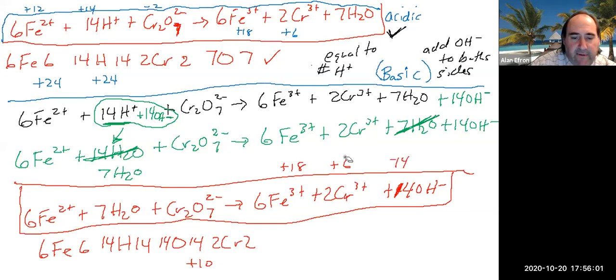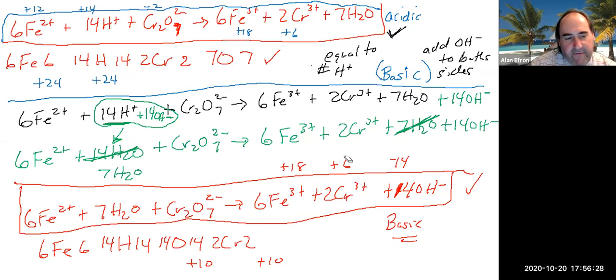That's a lot of math, but hopefully that's right. That looks like a plus 10 that we're left with on that side, plus 24 and minus 14. So we are balanced again in both elements and charge on both sides. And this would be our basic balanced equation. Any questions on those steps there?